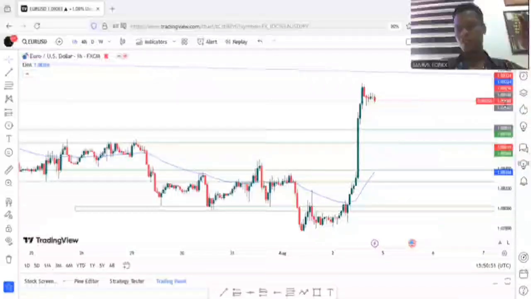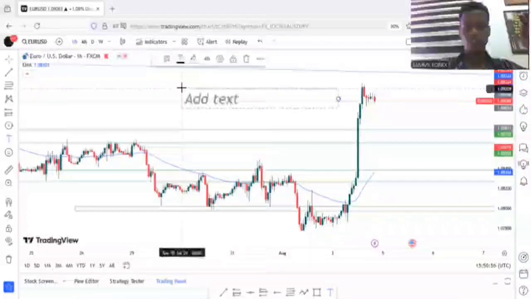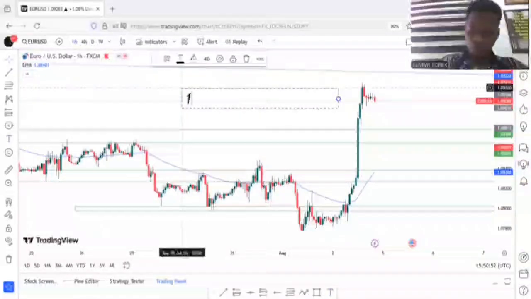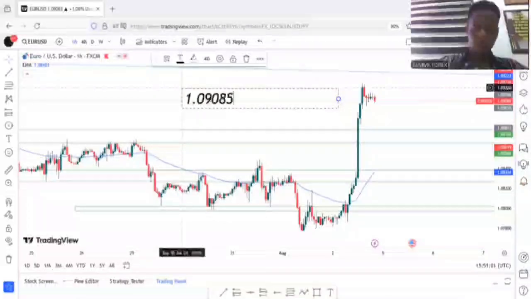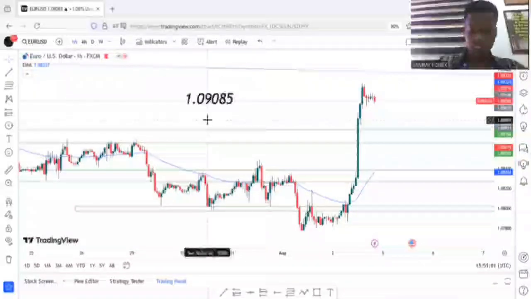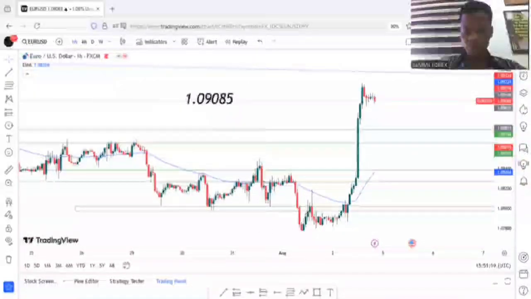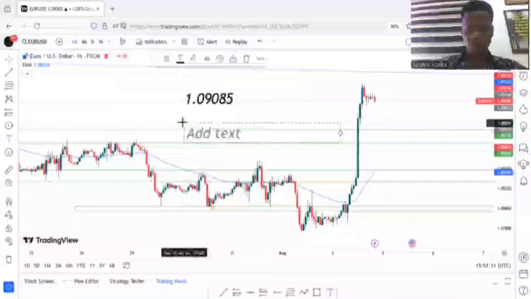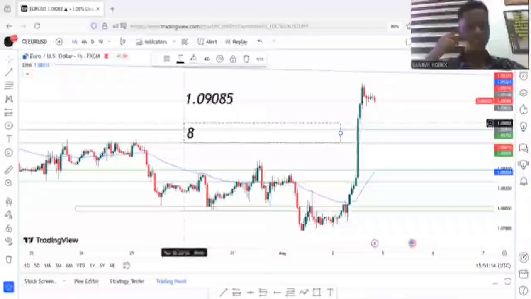Let me write it down: 1.09085. The pips here is the fourth decimal point, which is this 8 we are talking about. 8 is the pips.